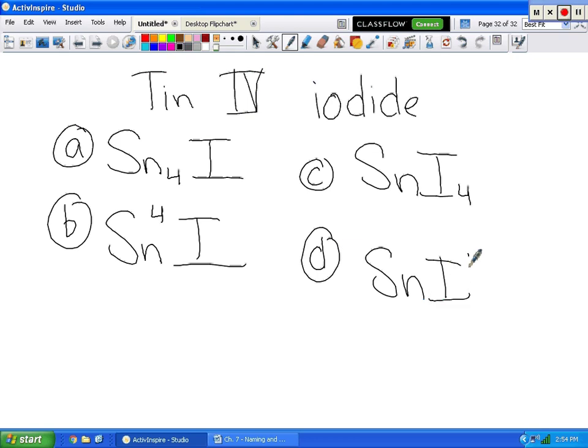Listen to my question. If this were the question, what is the correct answer for where the 4 initially belongs in the beginning? 1A, 2B, 3C, 4D. Hold up fingers. Where does the 4 initially belong? In the very beginning, where does that 4 technically belong?